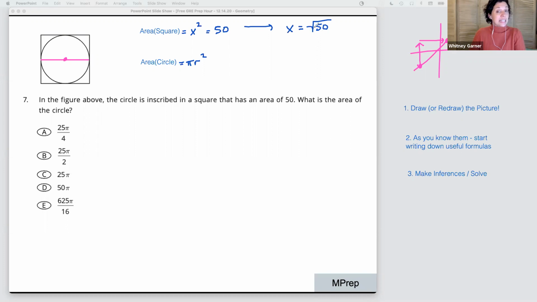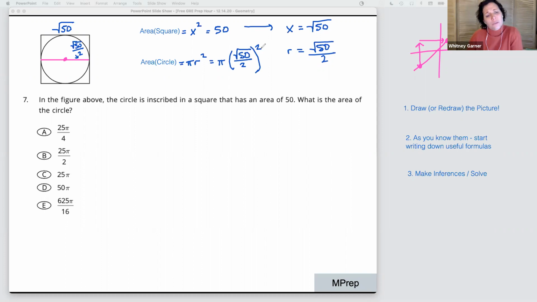Next, I'm going to see that the radius, right, if this side length is root 50, and I'm going to draw it on it, then this little piece right here is the square root of 50 divided by 2. So that means that's my radius. The radius is the square root of 50 divided by 2. I'm going to plug that into the area of a circle formula. So this is pi times my radius, keep everything all wrapped up in parentheses, squared.